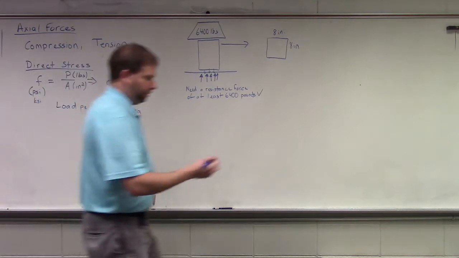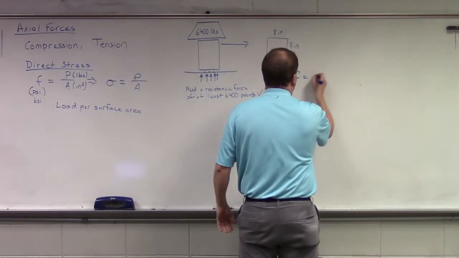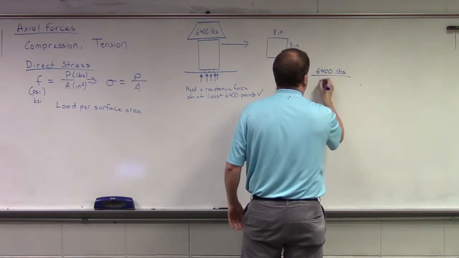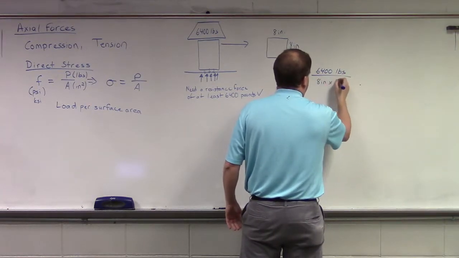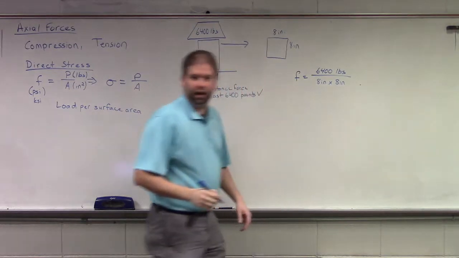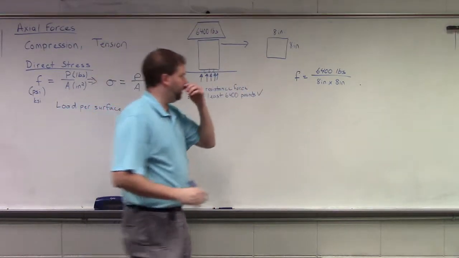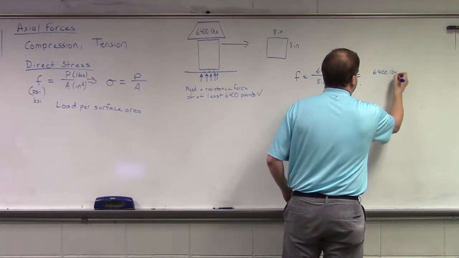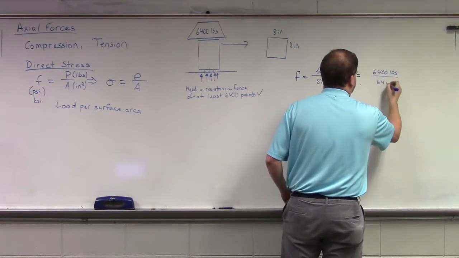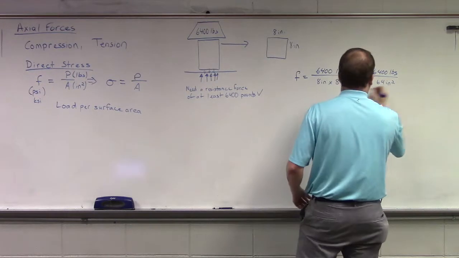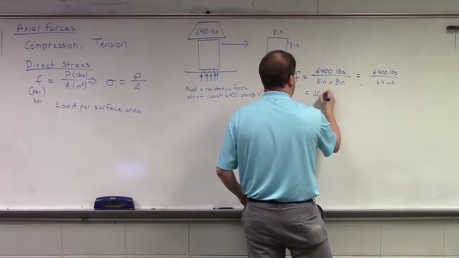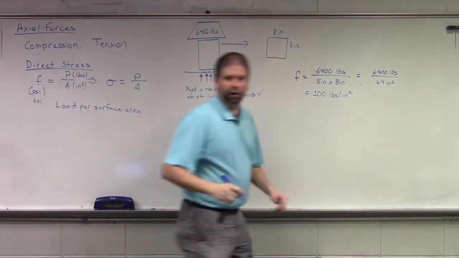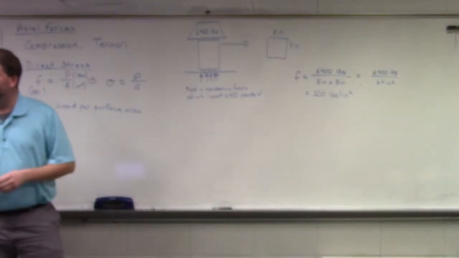Our direct stress will be 6,400 pounds divided by the quantity of 8 inches times 8 inches. As Terry says, that's 6,400 pounds divided by 64 square inches. So our direct stress is 100 pounds per square inch.